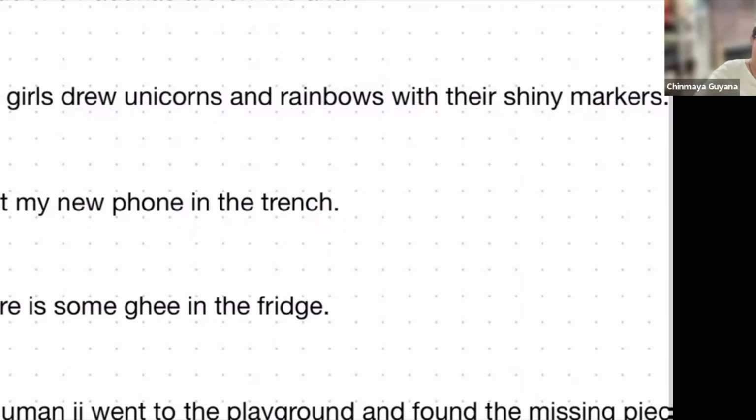Drew. The verb here is drew. The girls drew unicorns and rainbows with their shiny markers. Who drew? Girls. What did they draw? Unicorns and rainbows. So unicorns is 2 and rainbows is also 2.